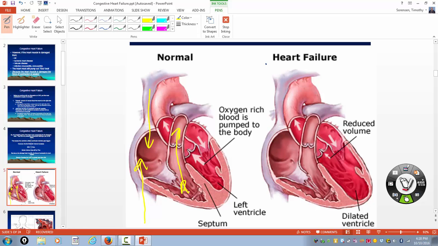And because the right side of the heart and the left side of the heart pump exactly the same amount of blood, you're now going to be sending more blood back to the left side of the heart from the lungs. Now, in a normal heart, you're going to stretch it and it's going to handle it. And that's going to increase your systolic blood pressure and the amount of blood ejected with each beat.